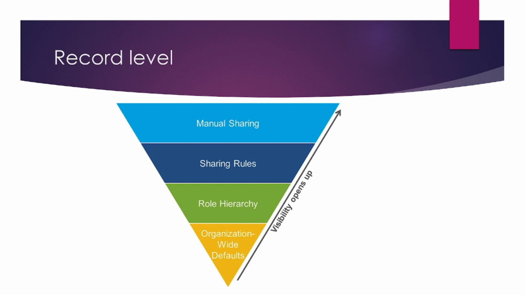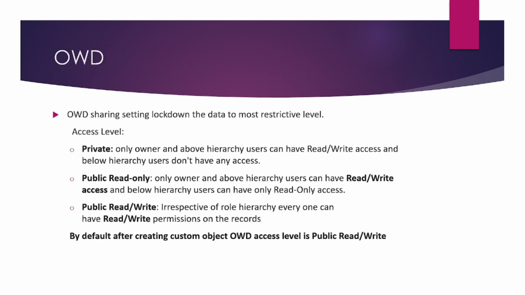You can see it in the diagram also. OWD, I will explain with an example after explaining some theoretical part to give some overview. We'll see each and everything with a demo.